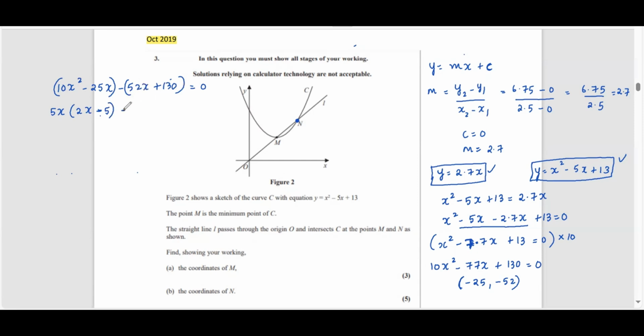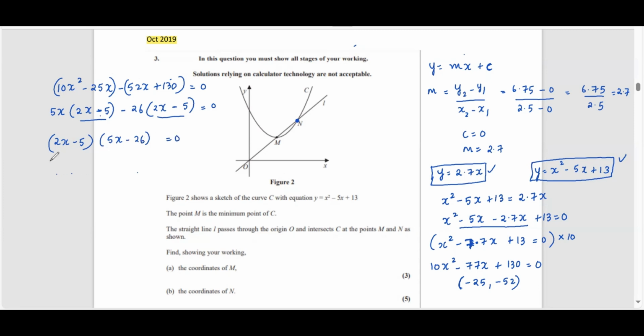For 52x and 130, 26 is common there: 26 into 2x minus, since plus into plus is minus, 26 into 5 is 130. Things inside the bracket, they both are the same. So 2x minus 5 into 5x minus 26 is equal to 0.